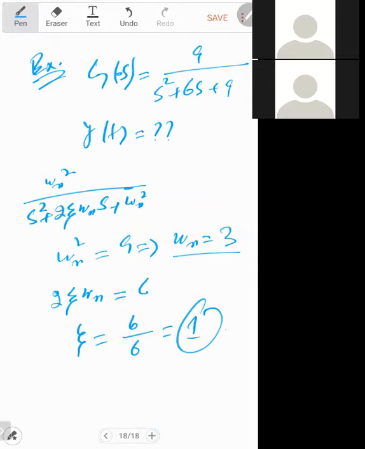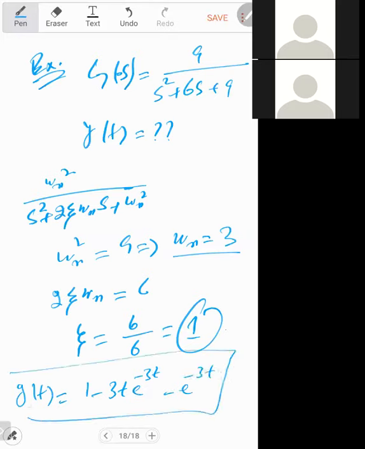So in this case, y of t is equal to, using equation A, 1 minus (1 plus 3t) e raised to power minus 3t. So you get this expression.